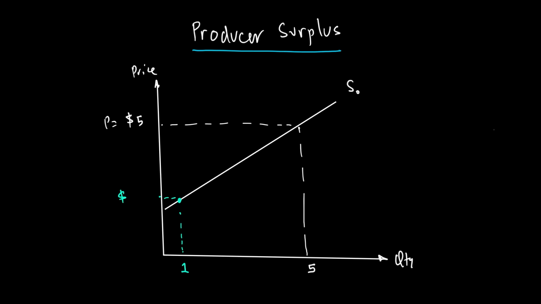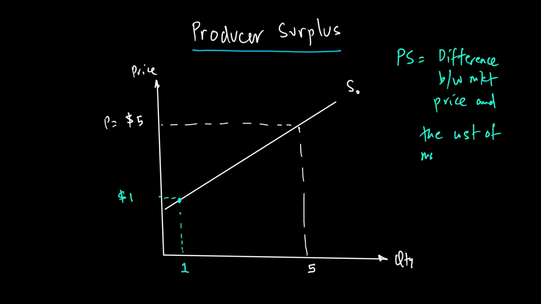So the cost of making is $1 while the price is $5, which means that I am actually pocketing something called a producer surplus, which is the difference between market price and the cost of making a good.